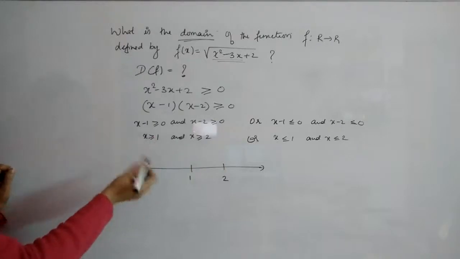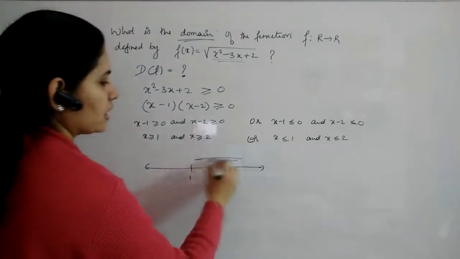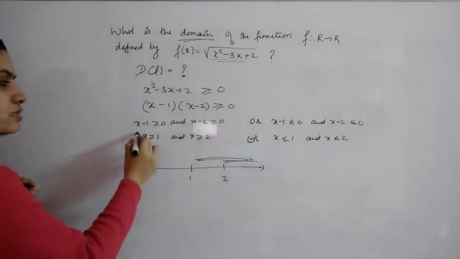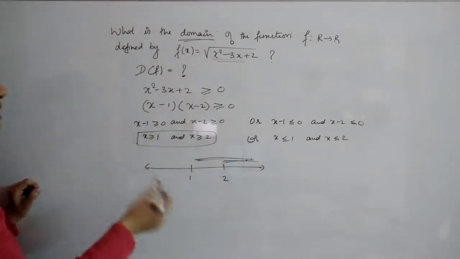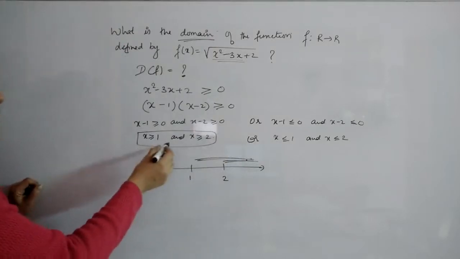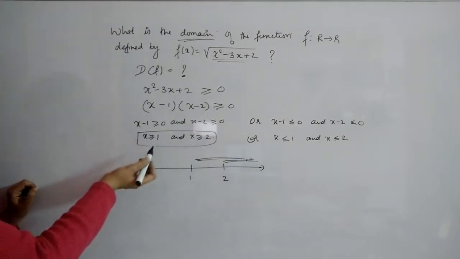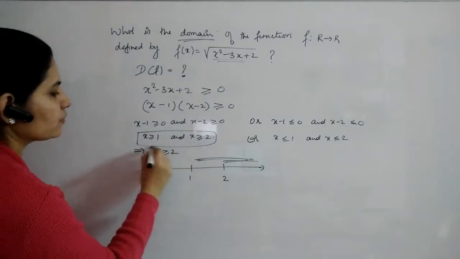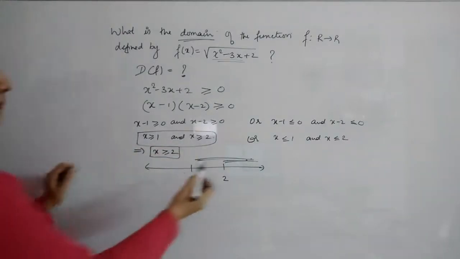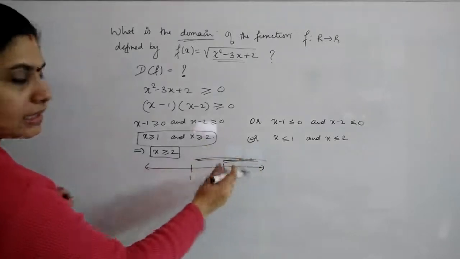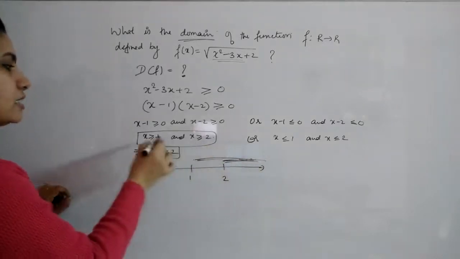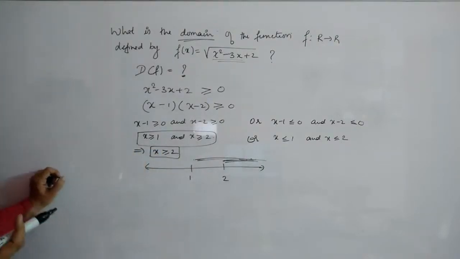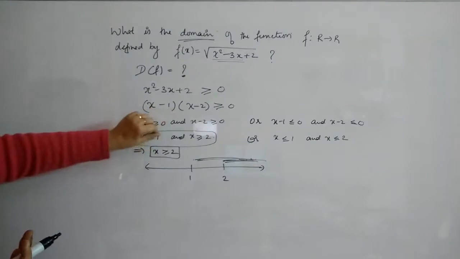Now, x is greater than or equal to 1 means this portion. x is greater than or equal to 2 is this. If I combine these two, x is greater than or equal to 2 will give you the condition x is greater than or equal to 1 also. So, these two together, I will make it as x is greater than or equal to 2. Understood? That is one condition from here.